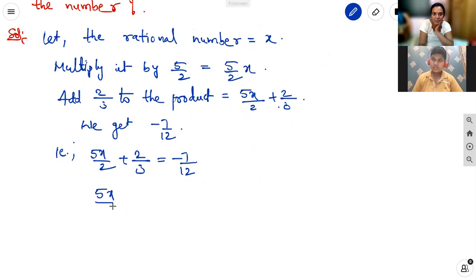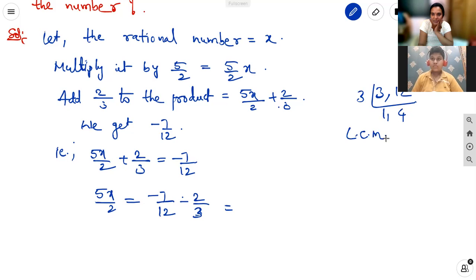Then 5x by 2 stays on the left, and this plus 2 by 3 is taken to the right side: minus 7 by 12 minus 2 by 3. Why? Because 2 by 3 is positive, taking the transpose means it becomes negative. Taking the LCM of 3 and 12, 3 fours are 12, so 12 is the LCM. 3 should multiply with 4, numerator and denominator of the second fraction.